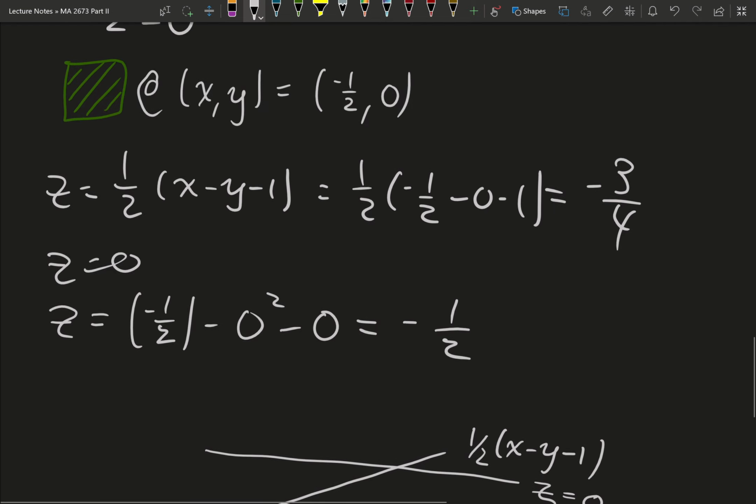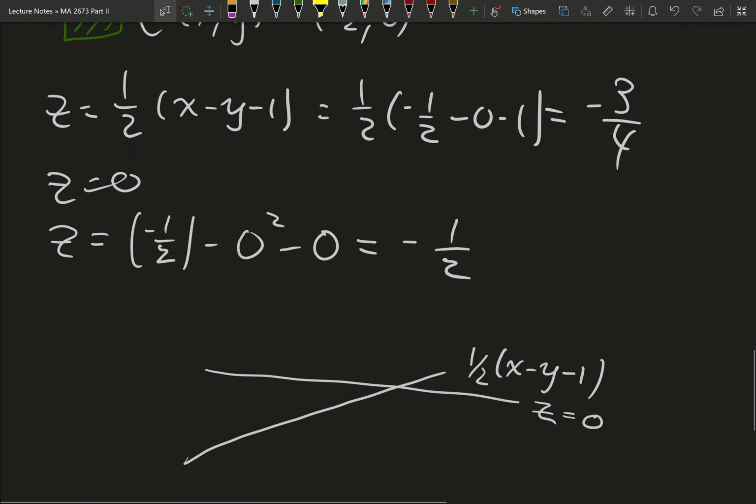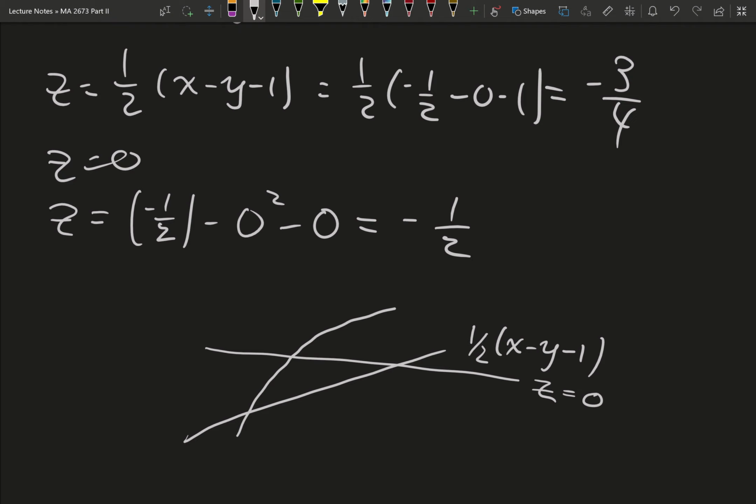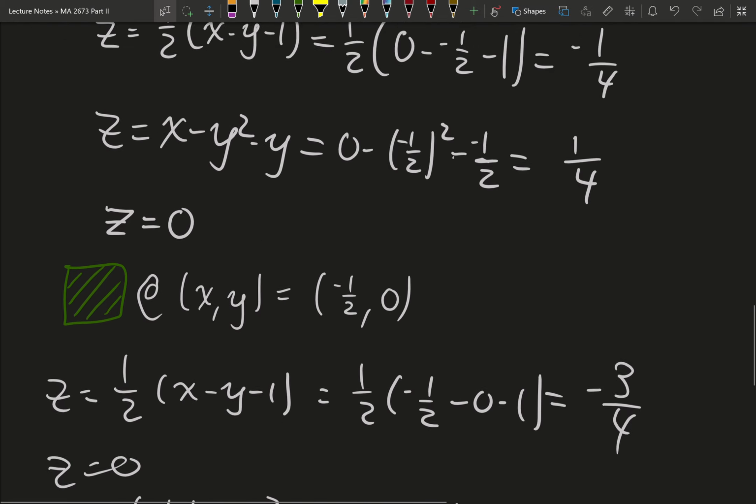And then we have finally this z equals x minus y squared minus y. And for part of it, this is not an accurate picture of all, but just to get an idea of what it looks like. So this is the upper bound for part of it, and z equals 0 is the upper bound for the other part of it.